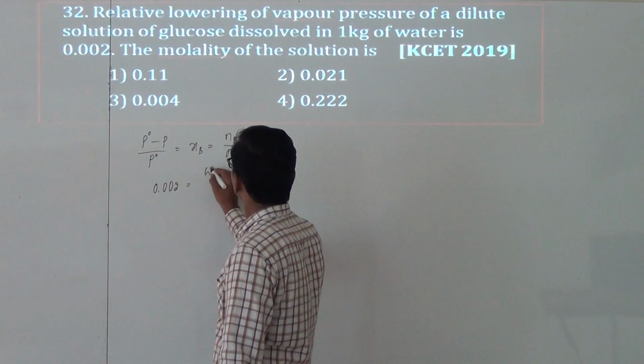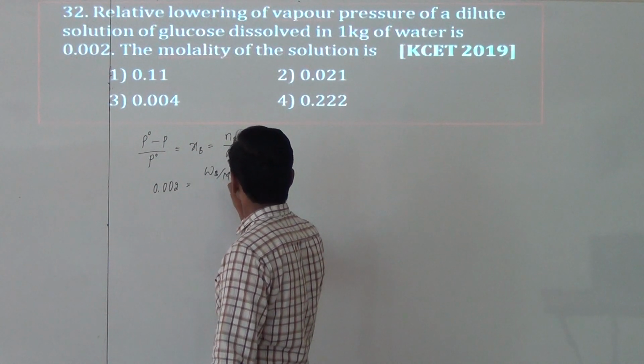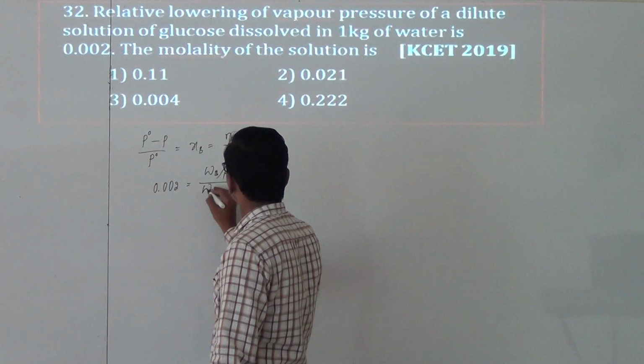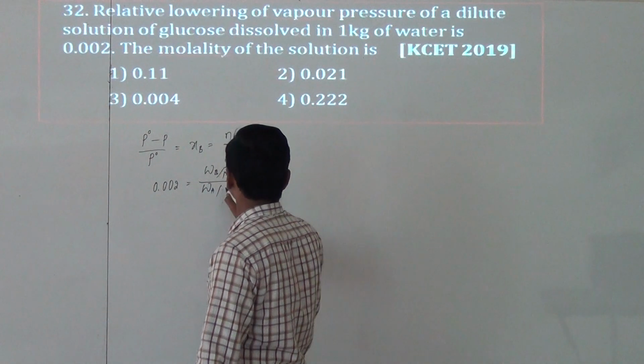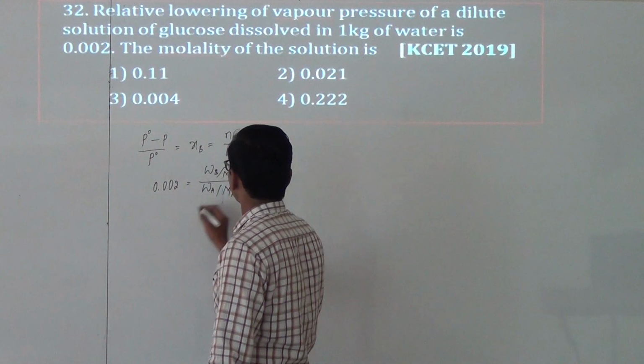This is equal to (WB by MB) divided by (WA by MA).